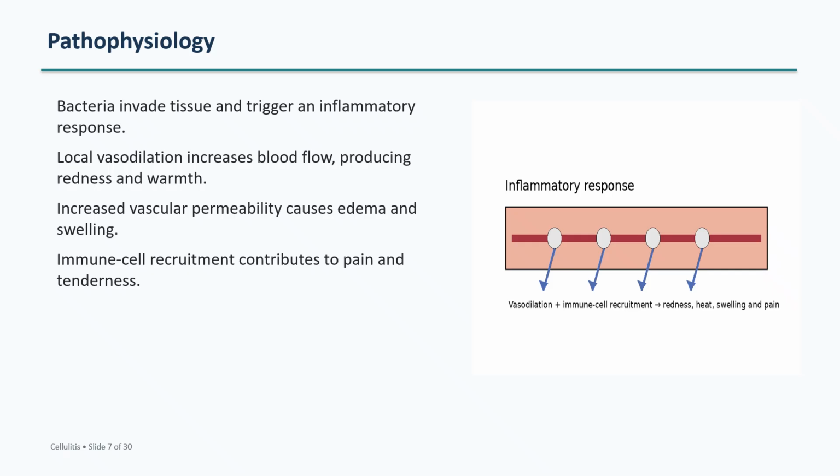Why does local vasodilation happen? Because it will increase blood flow, producing redness and warmth in the body, and because of increased vascular permeability, it will cause edema and swelling at the site. Immune cell recruitment contributes to pain and tenderness. Because of that, it may also cause pain and tenderness at the site.